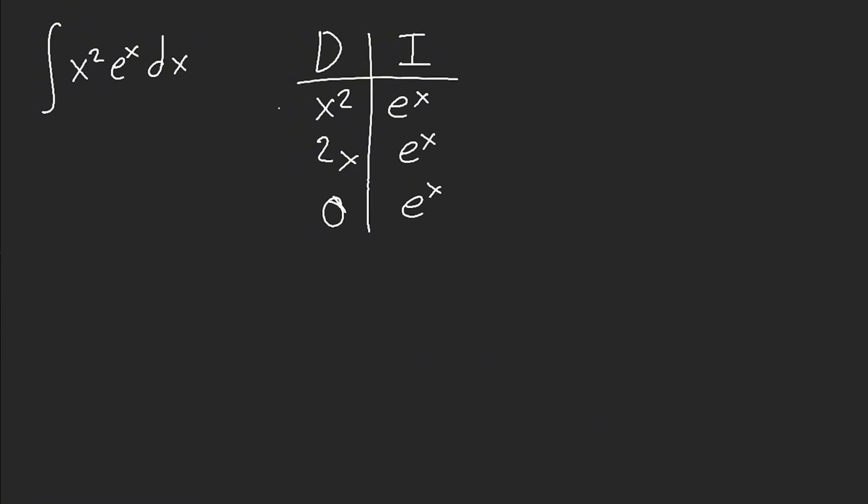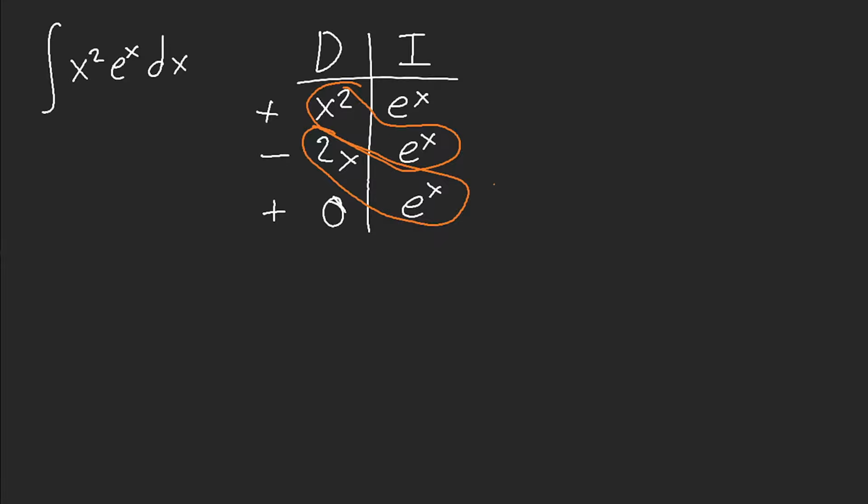When we use this, the sign alternates. So now this is negative 2x. And then our answer is literally just this and the product of this as well.